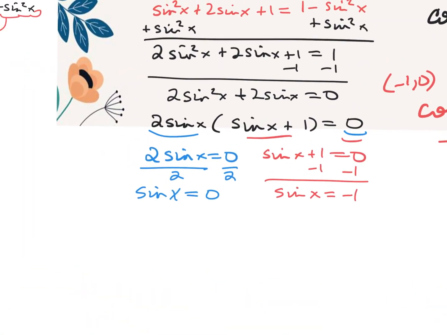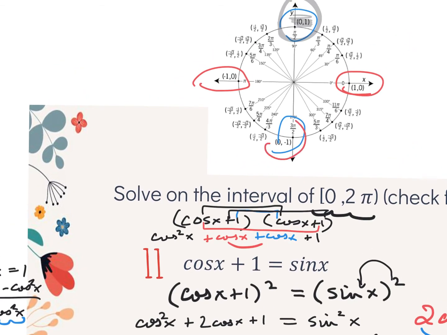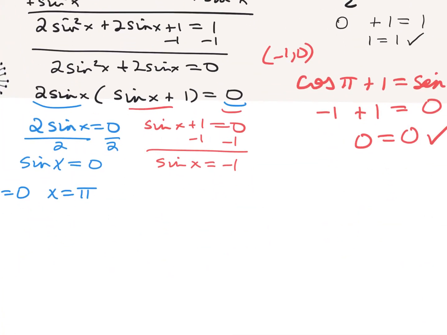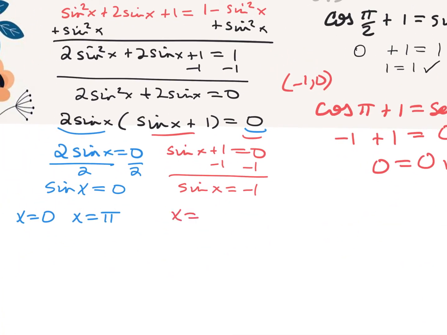So for the blue, x equals 0, x equals pi. For the red one, I'm looking to see where the ordered pair has a y that equals -1, and that's at 3 pi over 2. So x equals 3 pi over 2.